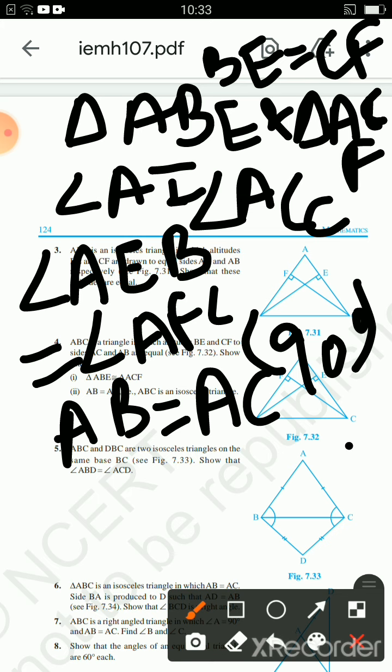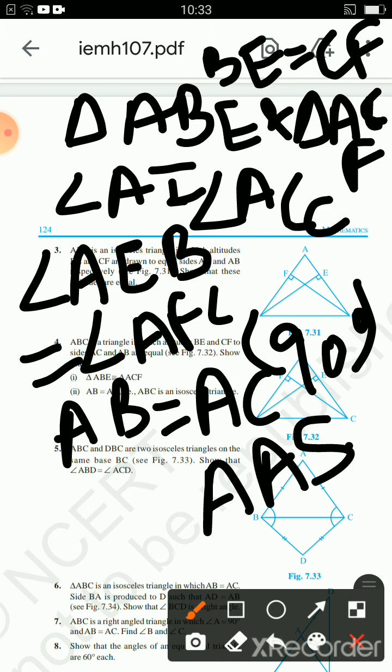Angle A is common, angle AEB is equal to angle AFC, and the side AB is equal. So that means the side is not enclosed. So the two triangles will be congruent by angle, angle, side. And hence, when these two triangles are congruent, you can say BE is equal to CF by CPCT.